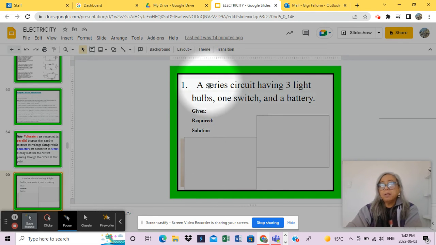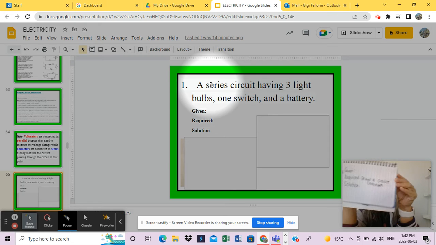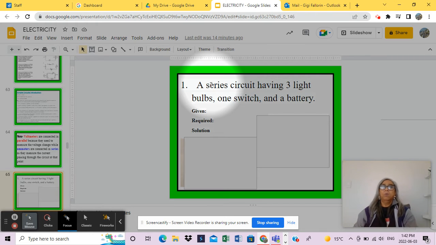Now, remember this problem. You now have a paper copy of this set of problems. A series circuit having three bulbs, one switch, and a battery. In your case, of course, I want you to always do the GRS strategy: given, required, solution. Now, under given, when you say you have three light bulbs, make sure that you're able to just draw that.